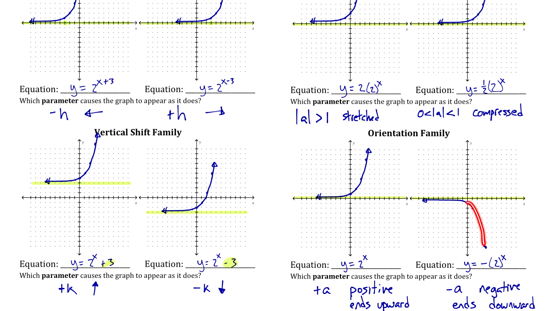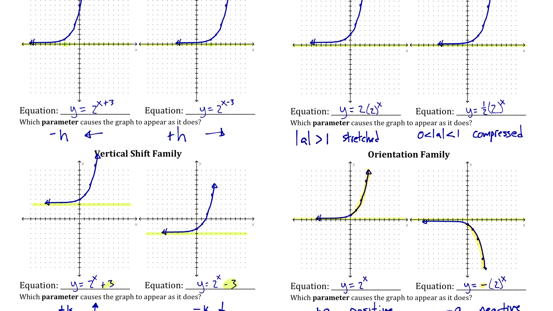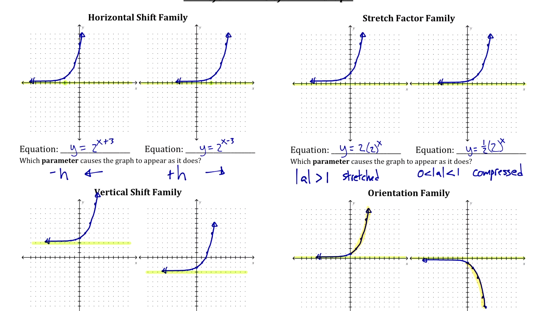And you should notice it's still ending in a positive direction when it's positive, and it ends in a negative direction when it's negative. So make sure you pay attention to that. That's the only time it looks flipped upside down.